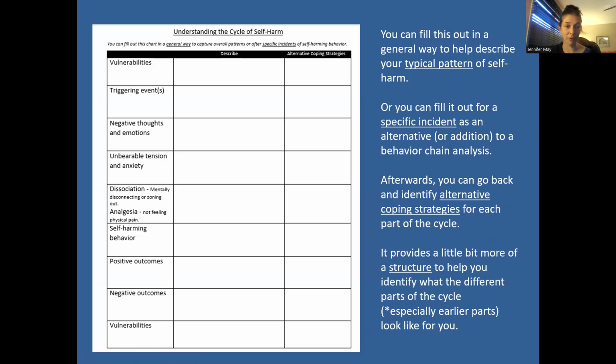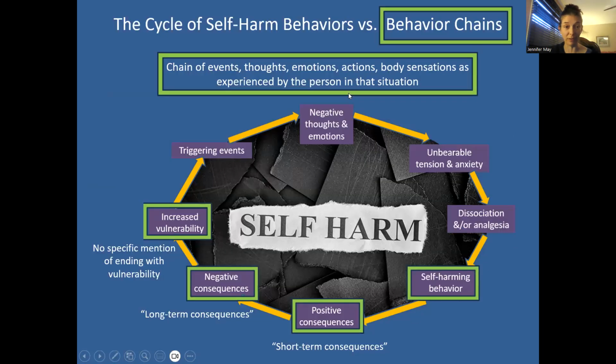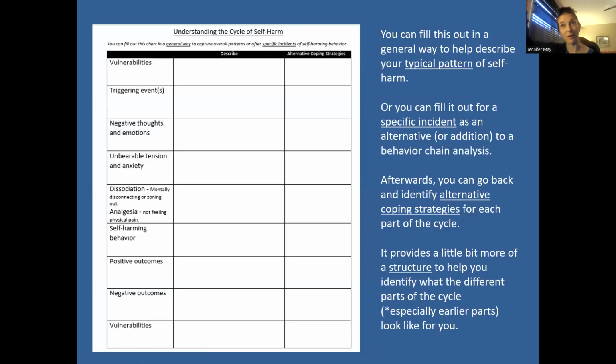One thing you could do is make yourself a little chart with the components of this cycle. It's hard to write it out in a circle, or might be a little messy, although you could do that. But in a linear way, you can write it out like this. You would identify in either a specific situation or in your pattern in general, how these different aspects play out for you personally.